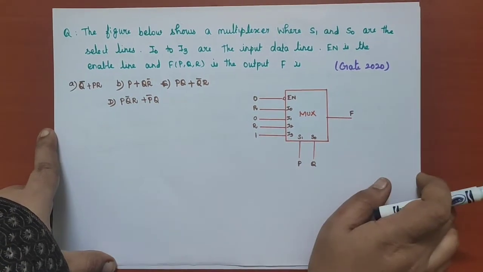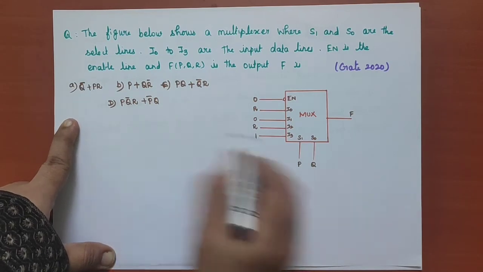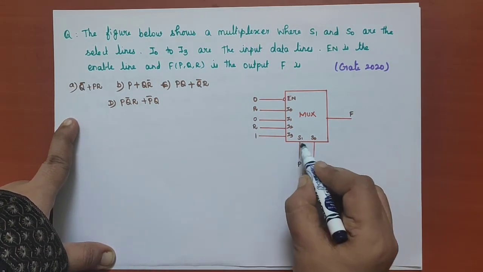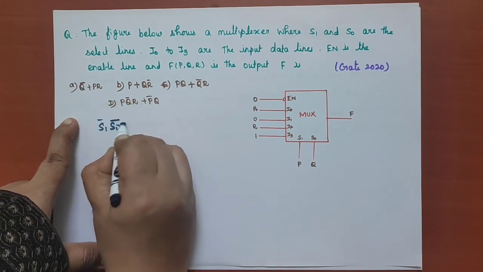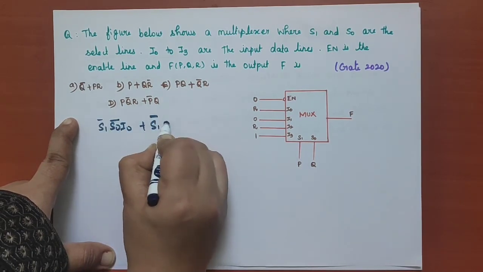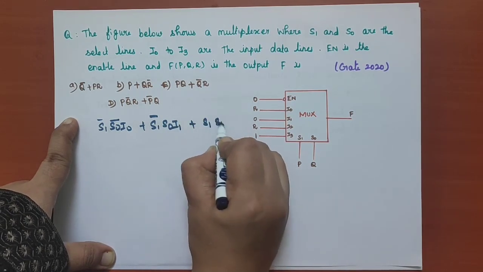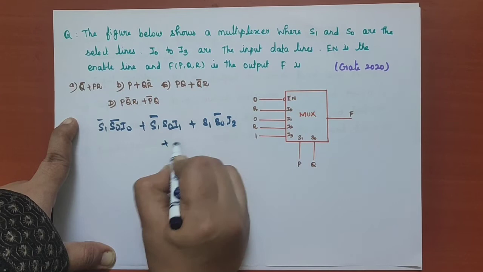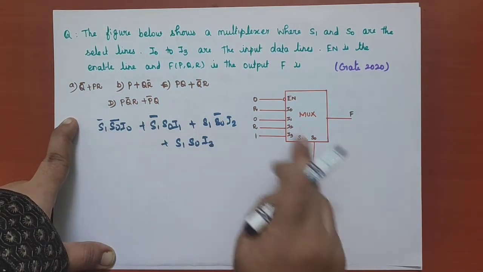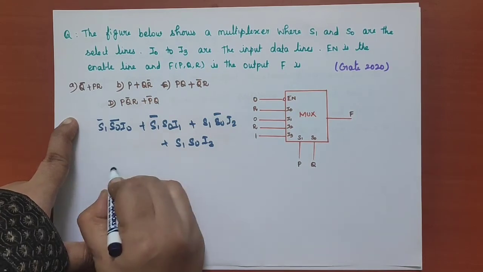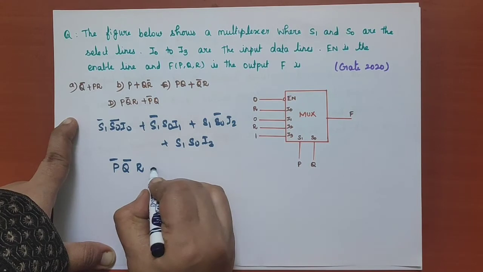So now what is the output of the multiplexer? It is represented in formula like S1 bar S0 bar I0 plus S1 bar S0 I1 plus S1 S0 bar I2 plus S1 S0 I3. When you substitute the values here, you will get P bar Q bar R. The next term will be equal to 0.